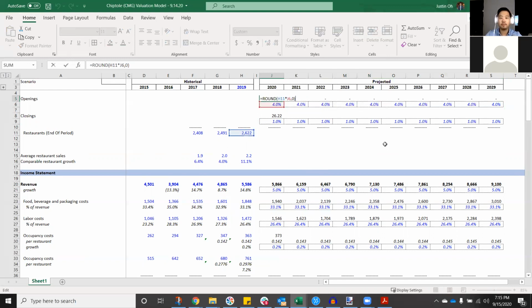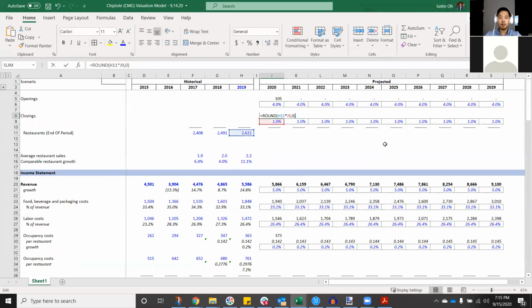The function here says 4% of the previous end of period number of restaurants, rounded to the nearest whole number, because you can't add half a restaurant.